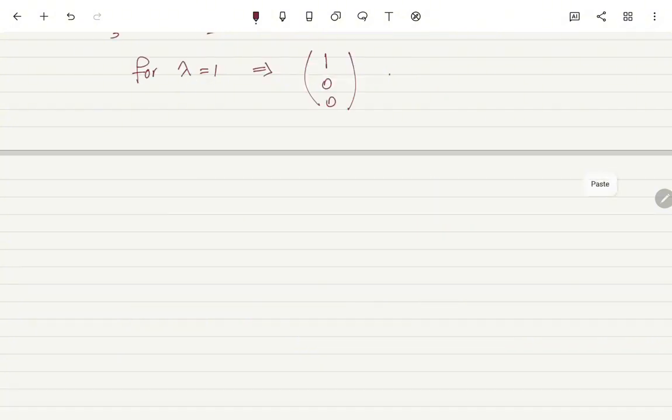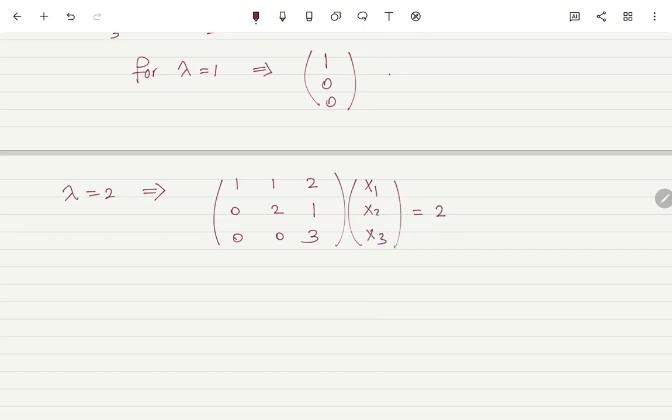Now let's find the eigenvector for lambda equal to 2. Use the same rule, Ax equal to lambda x. So 1, 1, 2, 0, 2, 1, 0, 0, 3 times x1, x2, x3 equal to 2, which is lambda in this case, times x1, x2, x3.